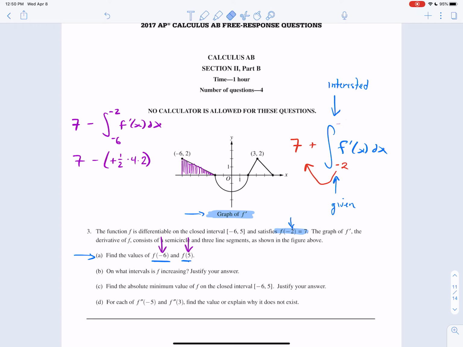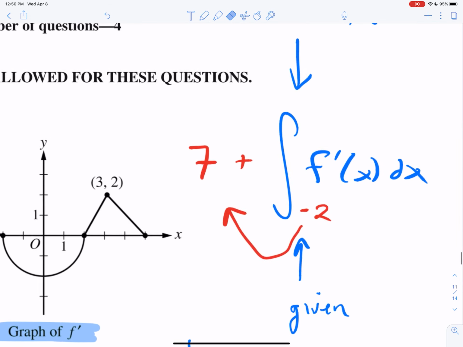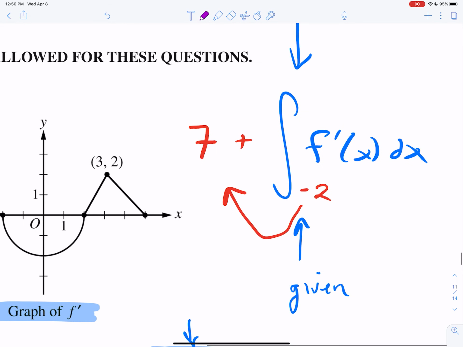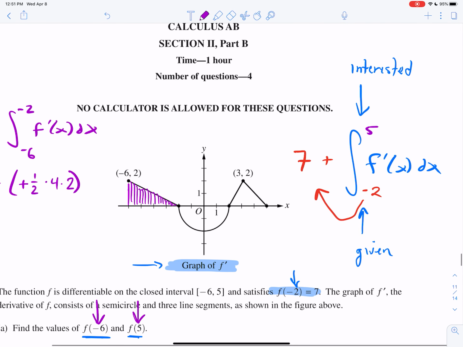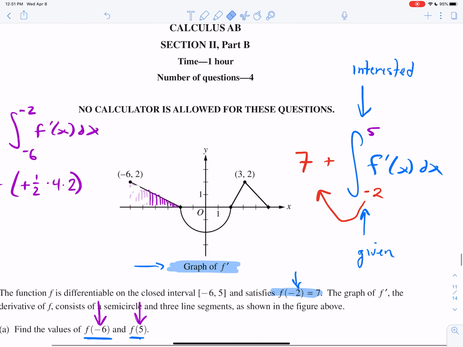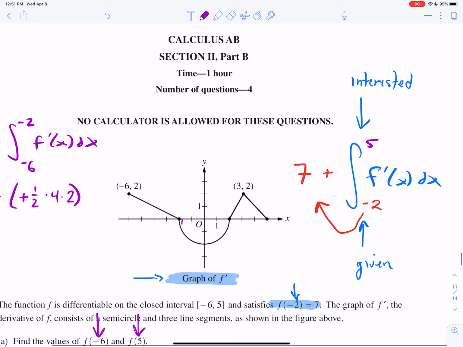Now, next, what if I were to plug in 5, right? Notice how the bounds are actually proper here. You're going from left to right here, but let's take a look at what areas we uncover. So if we go from negative 2 all the way to 5, I actually have two shapes here.